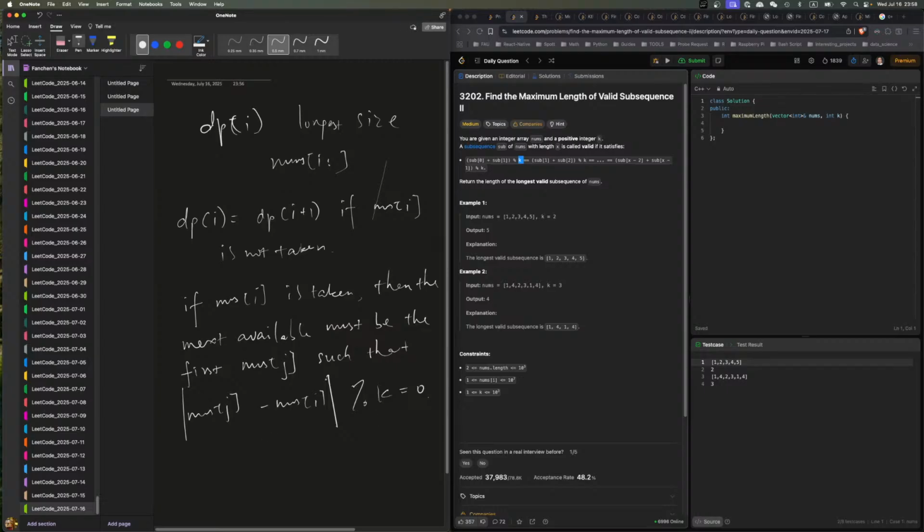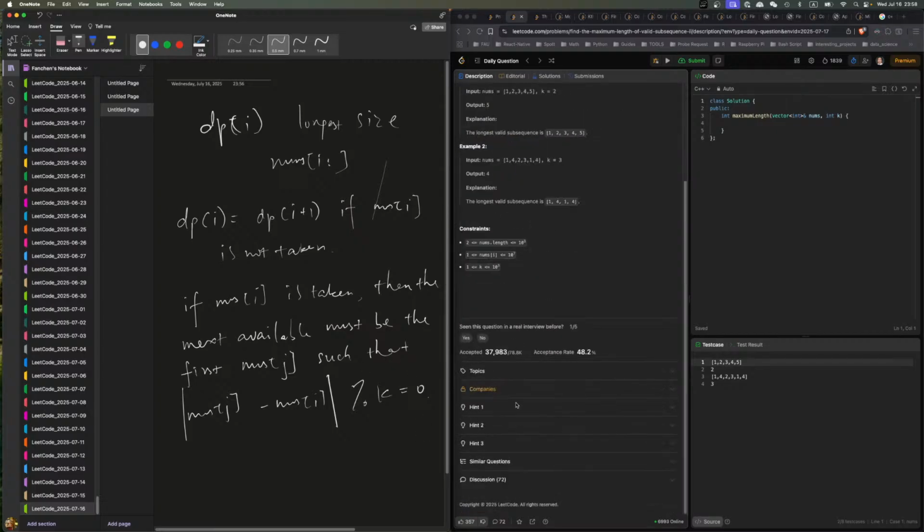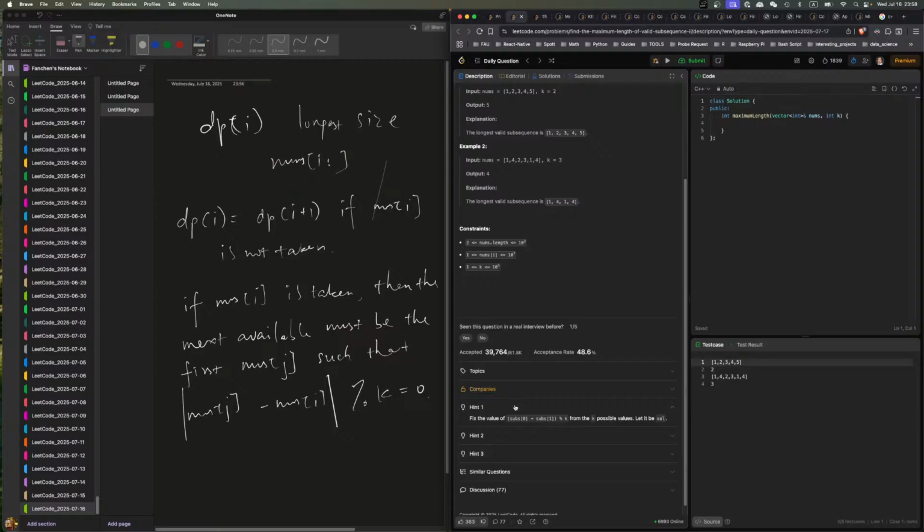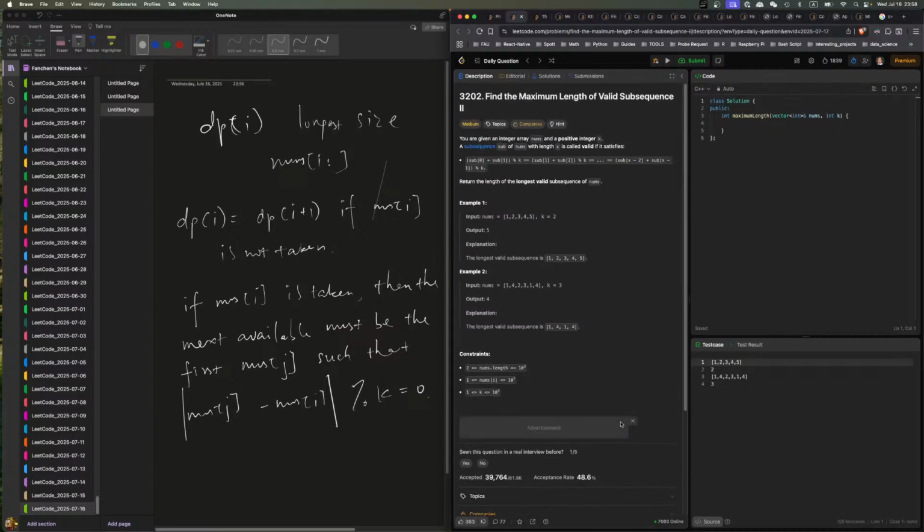Alright, that's enough thought. Let's check the hints. Hint number 1. Fix a value from the k possible values. Let it be val. Oh, that's a different idea. So we are fixing this.